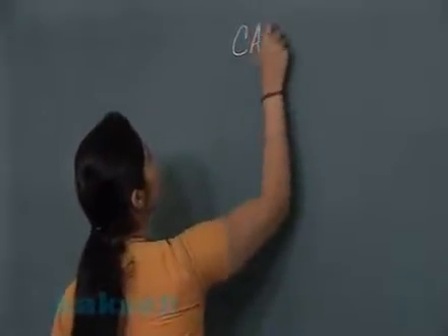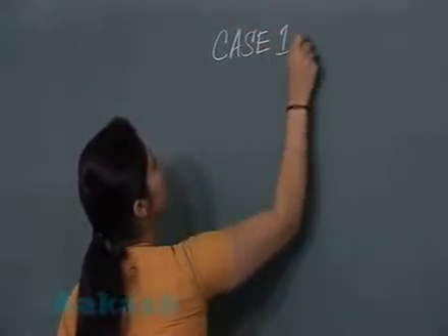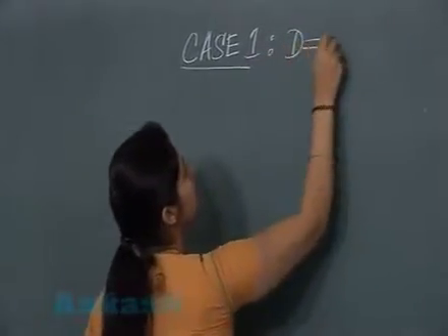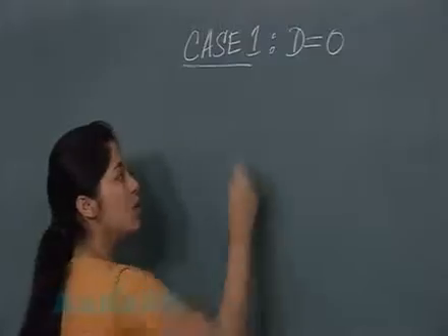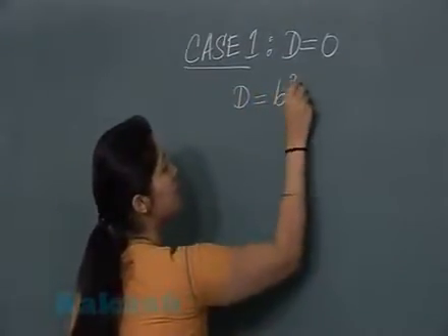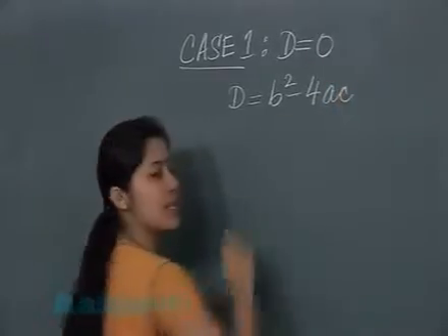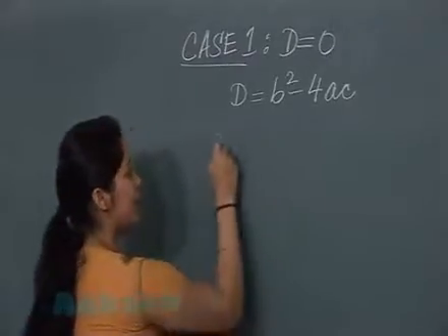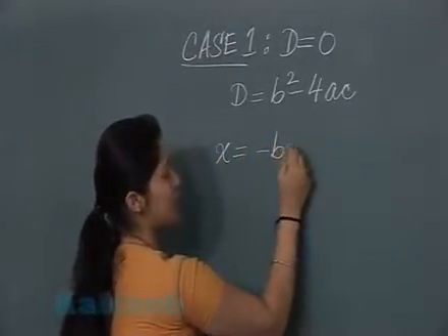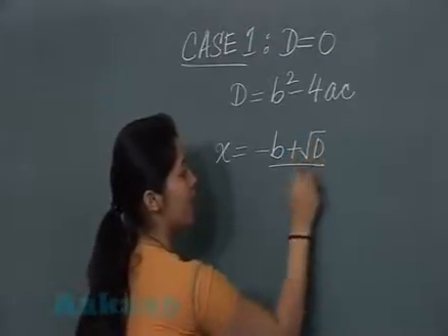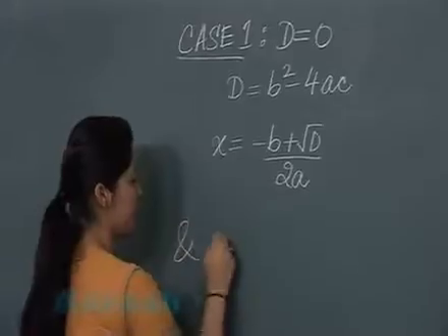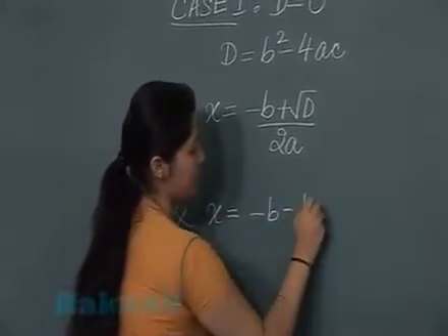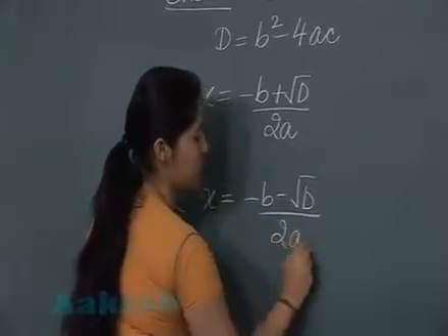Now students, we will discuss case 1 where D is equal to 0. Here D is equal to 0. Now what is D? D is b square minus 4ac, and we know that the two roots of the quadratic equation are given by x is equal to minus b plus root D upon 2a and x is equal to minus b minus root D upon 2a.